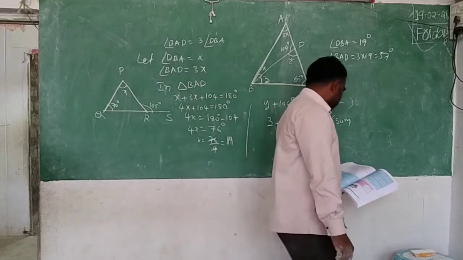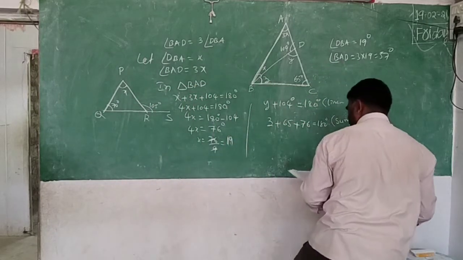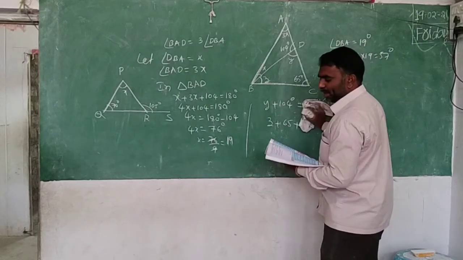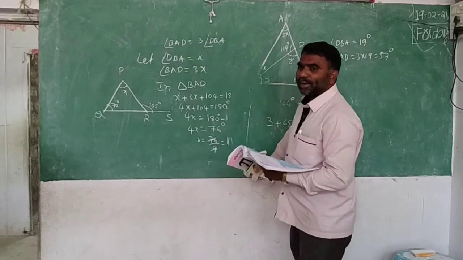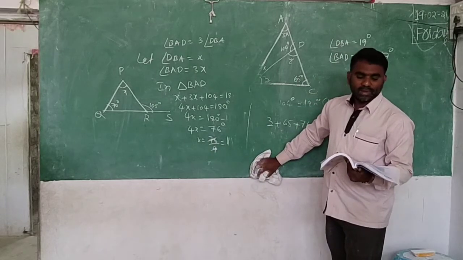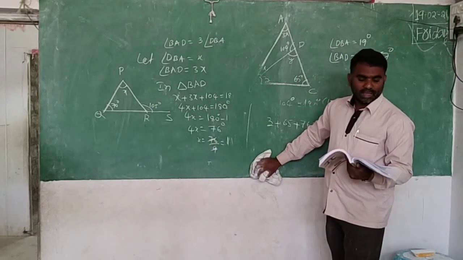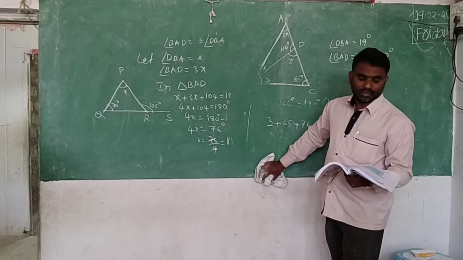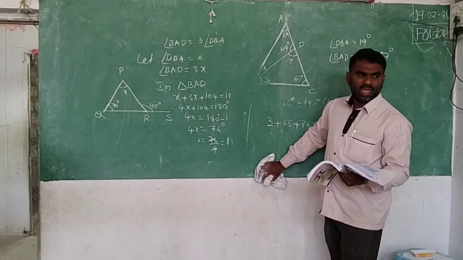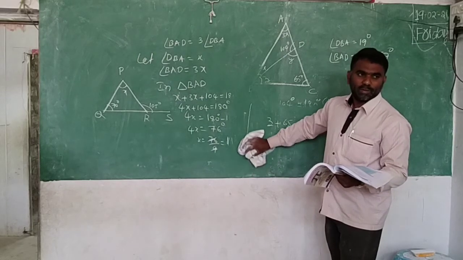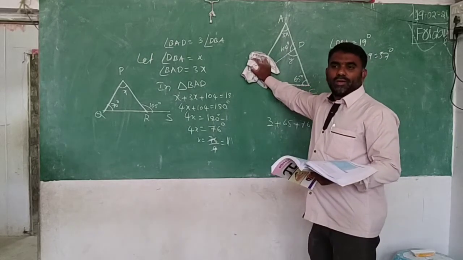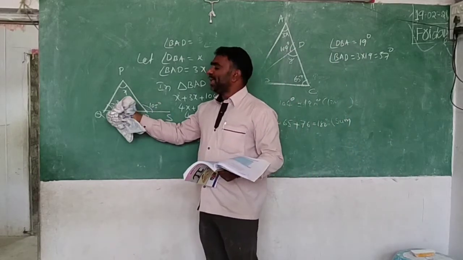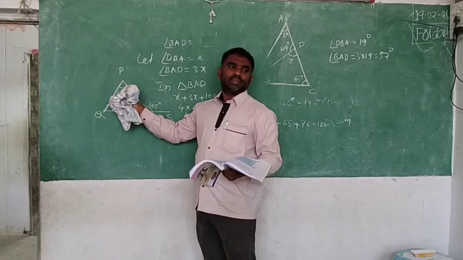Next, question number 9. It is a direct question, I think. If an exterior angle of the triangle is 130 and one of the interior opposite angles is 60, what is the other? One exterior angle given, one interior angle given, what is the other he is asking?